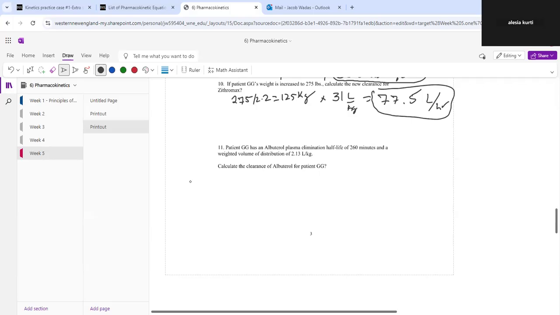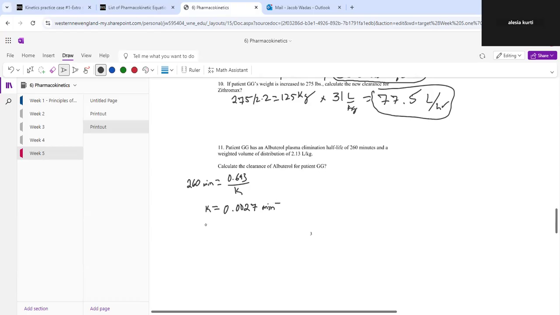The half-life is 260 minutes, which equals 0.693 over K. So K will equal 0.0027 per minute.